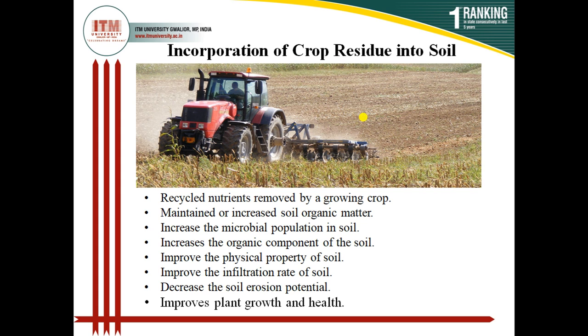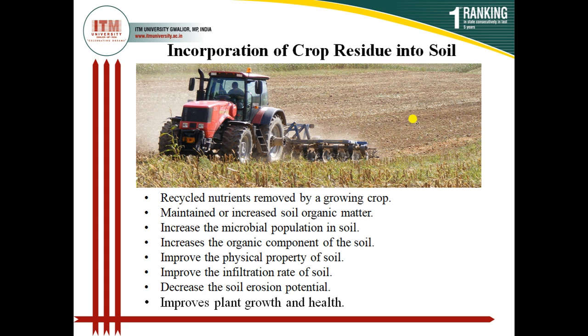Moisture is one of the factors taught to you in that lecture. So moisture should be present, and air should be present. Air will be present because this agricultural implement turns the soil up and down, so the soil becomes friable and the entry of air into the soil is quite easy in this condition.